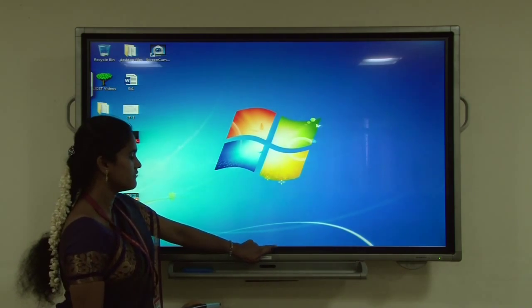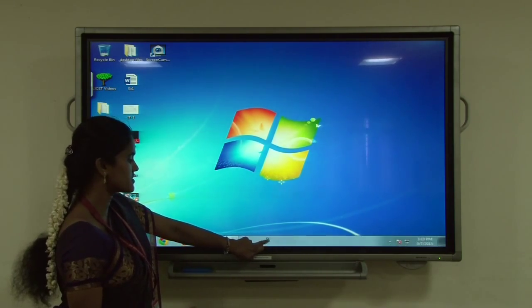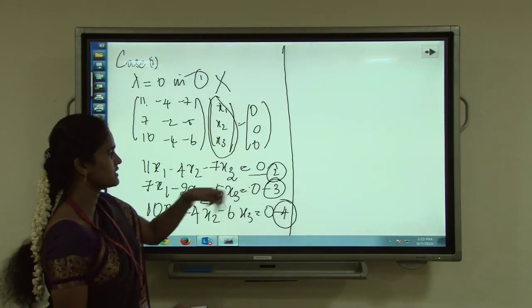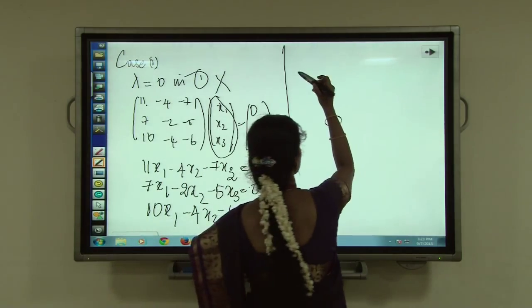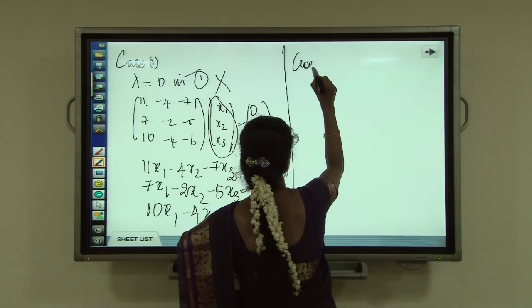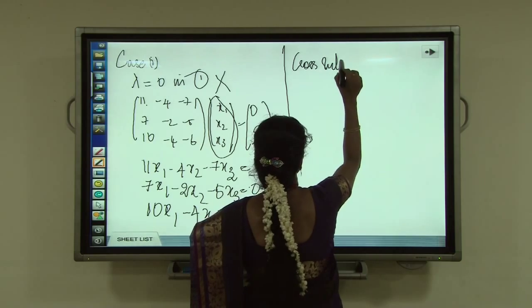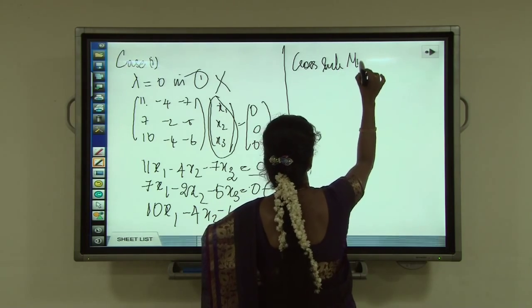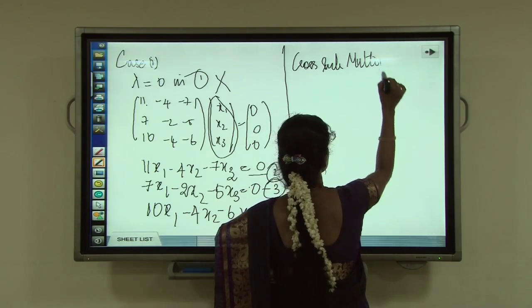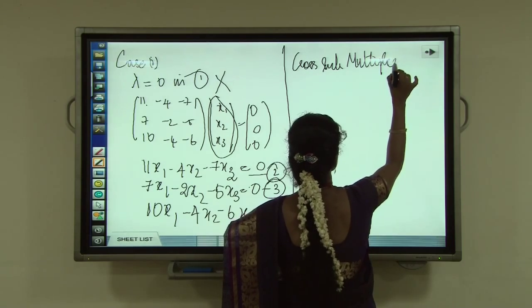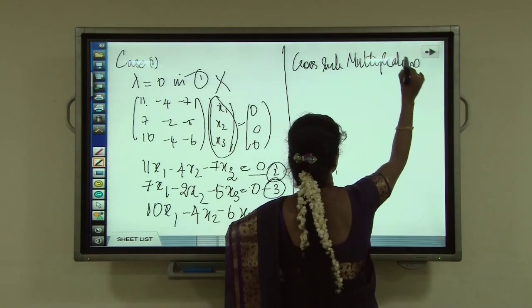When you check the right hand side of these equations, it is going to be 0. We have a method called cross rule multiplication, which makes it simple to find the values of small x1, x2 and x3.